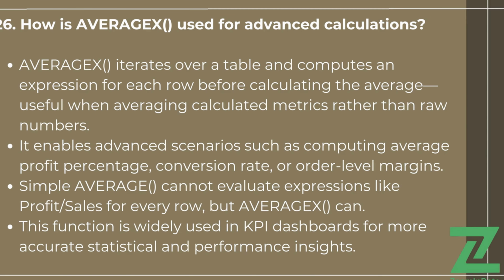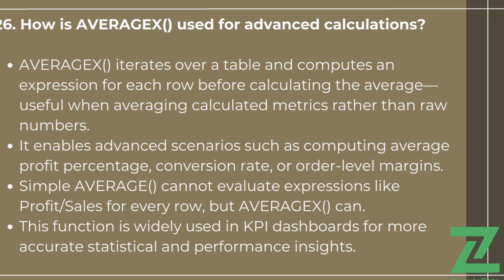26th question. How is AVERAGEX used for advanced calculations? AVERAGEX iterates over a table and computes an expression for each row before calculating the average, useful when averaging calculated metrics rather than raw numbers.